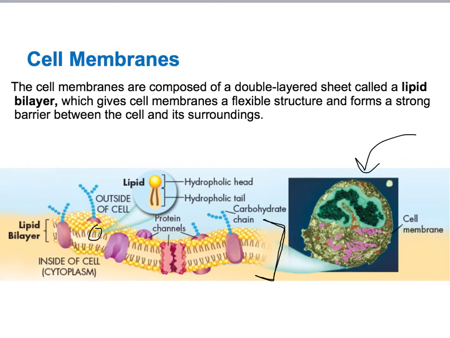Remember when we learned about lipids, they have the head with the tails. Those would be the fatty acid tails and the glycerol head. So that structure is what holds the membrane together. And then there's other things inside the membrane like these protein channels or these carbohydrates. These help things get in and out of the cell that the cell needs, but also protect from larger things that the cell does not want to get in.